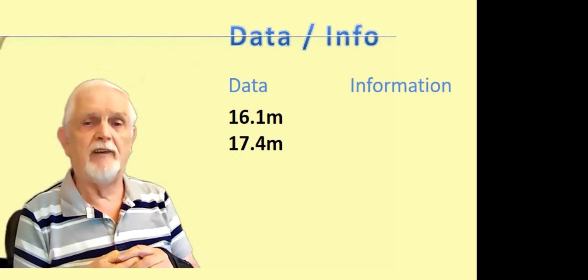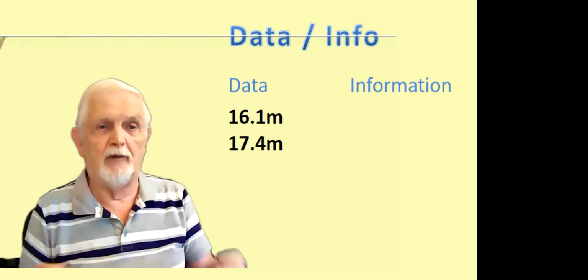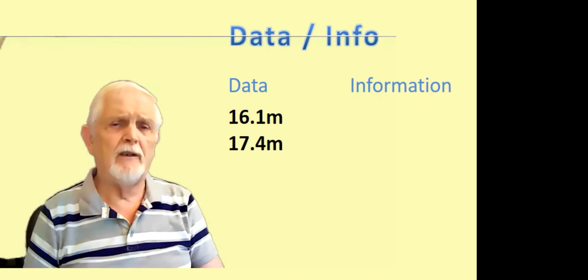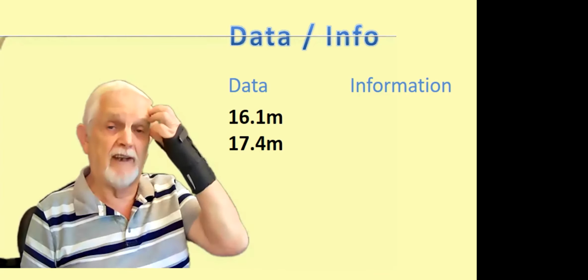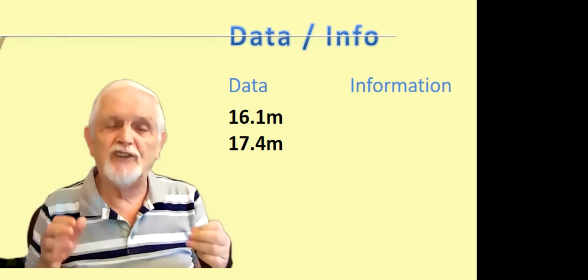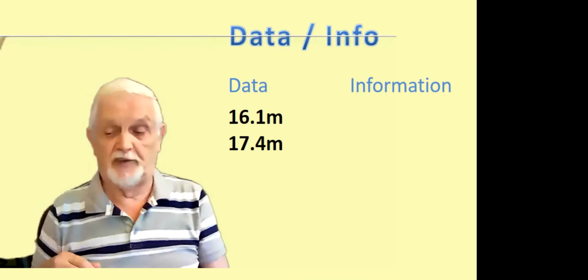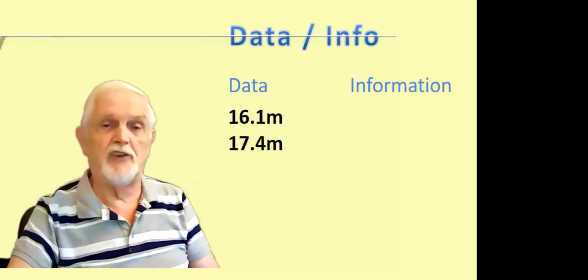I've got 2 bits of data, 16.1, 17.4. Some of you may recognize that that was the result of a certain referendum, if we're using the data to mean votes, but it can mean different things in different situations.